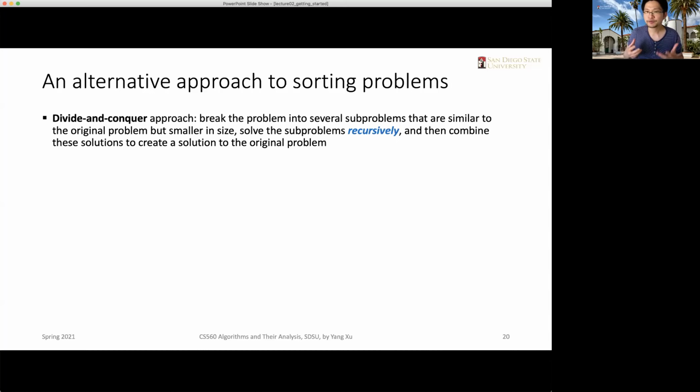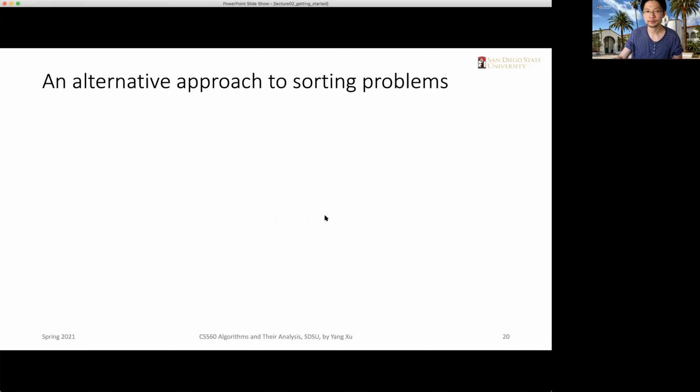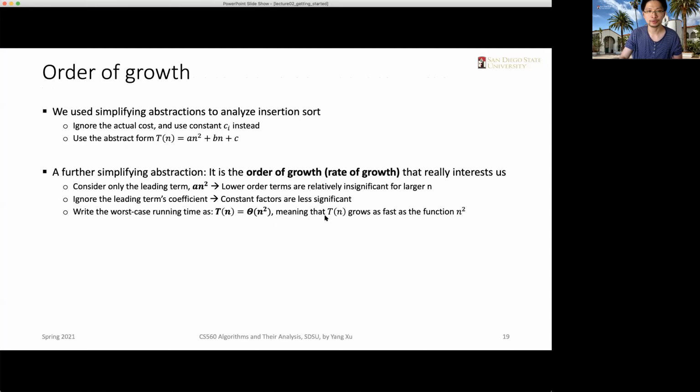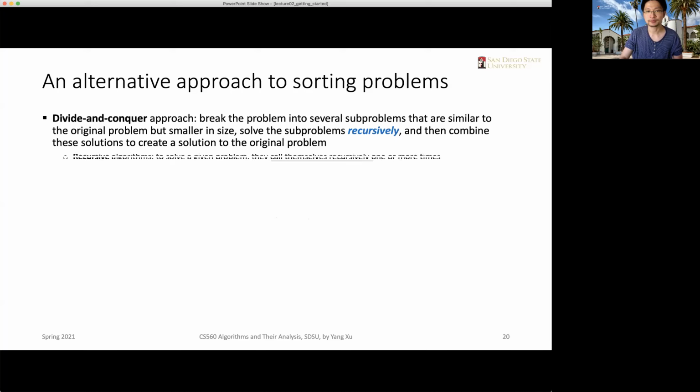After the subproblems are solved, we simply combine the solutions into a solution to the original problem. I think the idea is quite straightforward: divide, solve recursively, and then combine all the solutions.